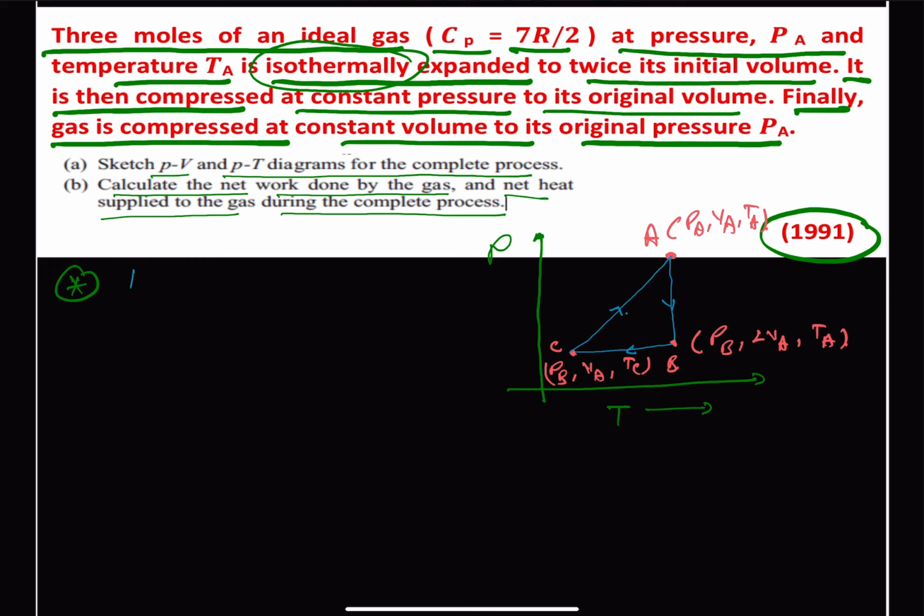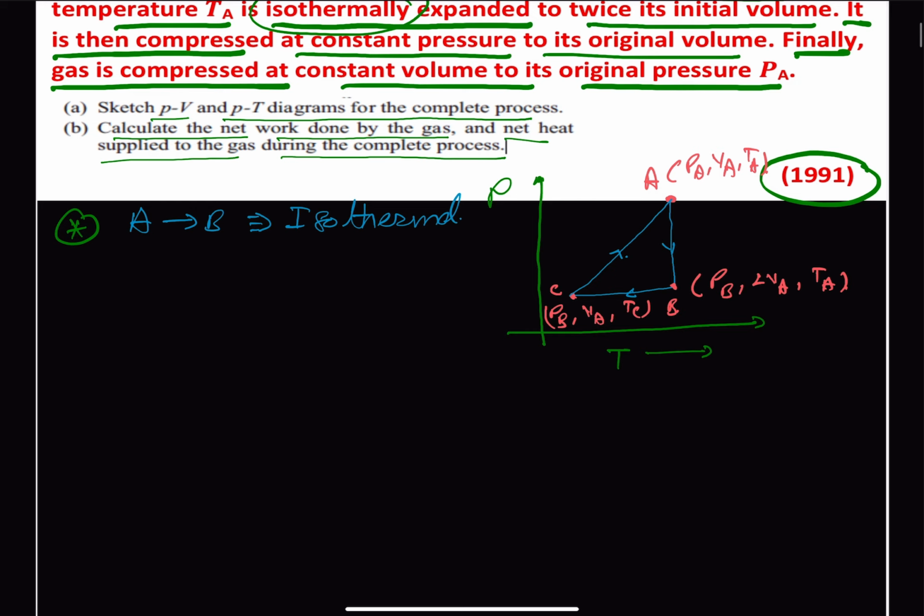So you can see our A to B is isothermal, and for that we can write that PA multiplied by VA is equal to PB multiplied by VB, and VB is equivalent to twice of VA.